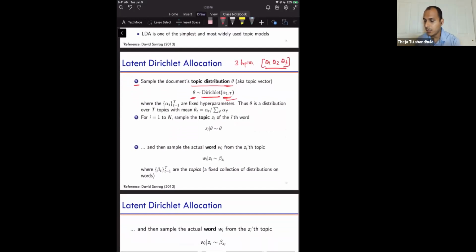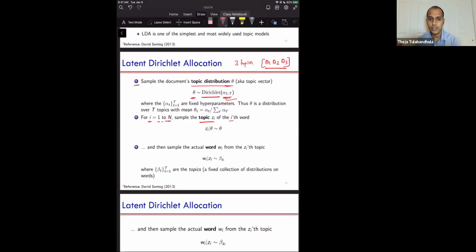Now I want to produce an n-length document. An n-length document just means I need to produce n words in my document. For simplicity, let's say n is known. It's fixed, not random, so every document has the same number of words. Then for each location, first word, second word, all the way to the nth word, I'm going to sample a topic for the ith word.